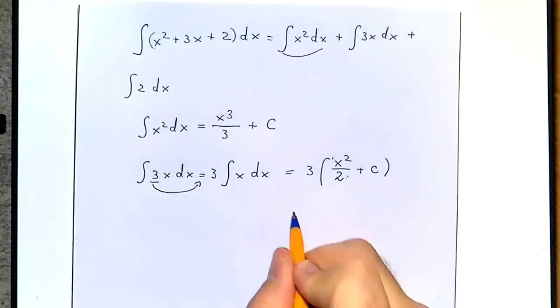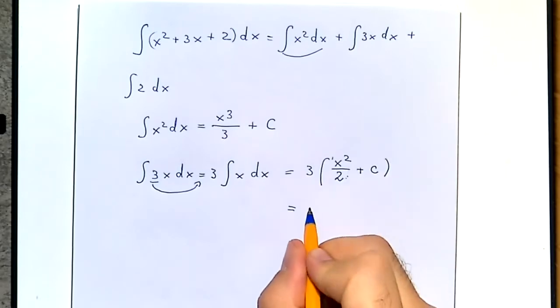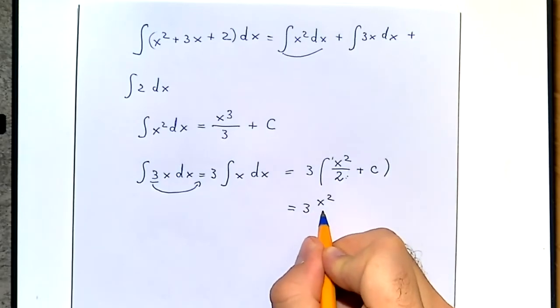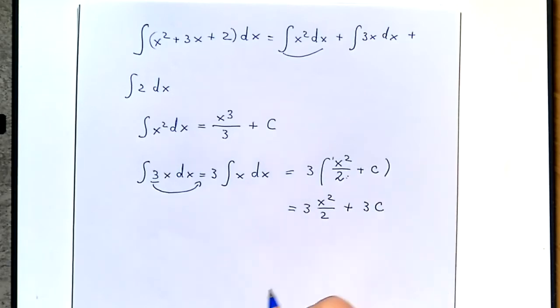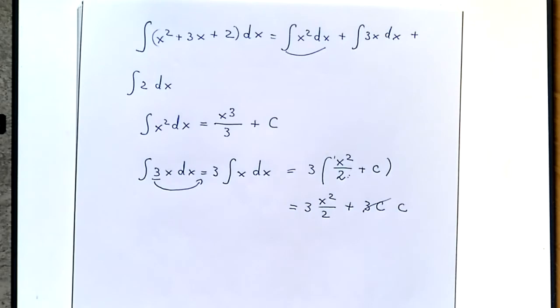And what do I mean that we don't care about this constant? It means that this is equal to 3x squared over 2. And I know this is 3c, but it doesn't matter. You can just write plus c. It can be whatever. It's just like the family of functions that differ by a constant.